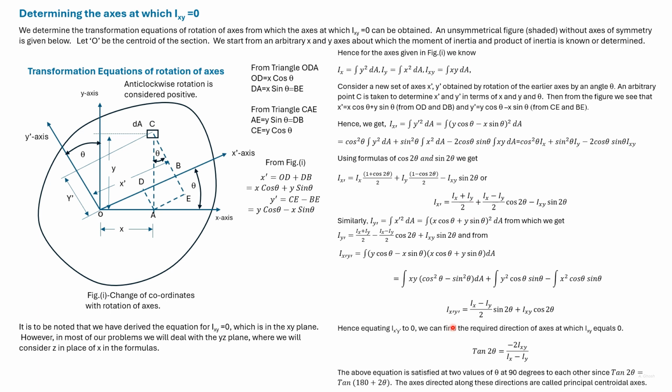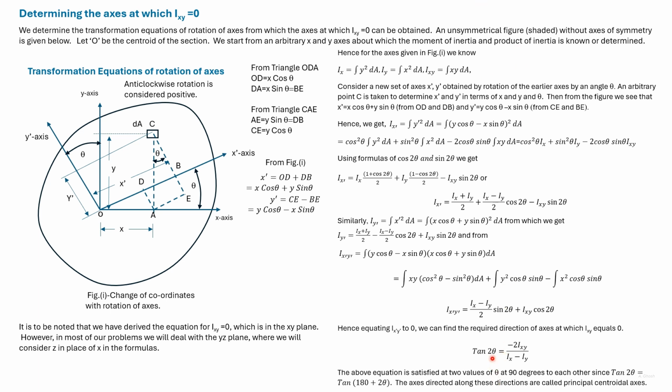We can find the angle at which Ix dash y dash is equal to 0. So substituting 0 in the left hand side, we find that tan 2 theta is equal to minus 2 Ixy divided by Ix minus Iy.